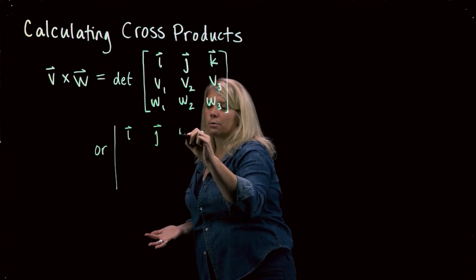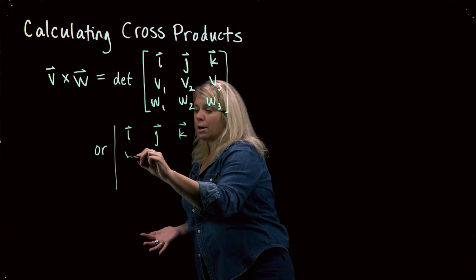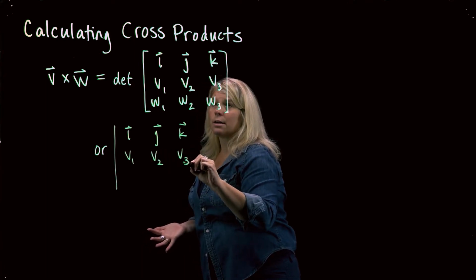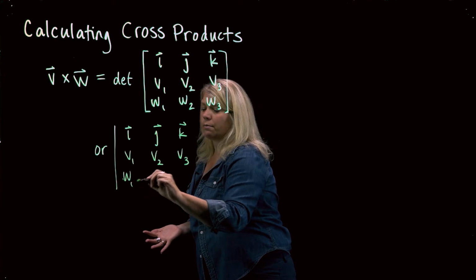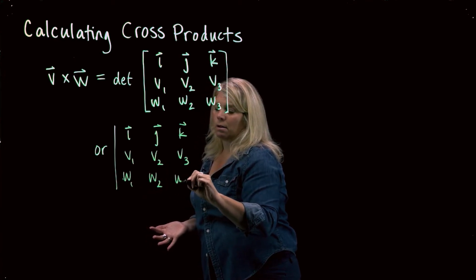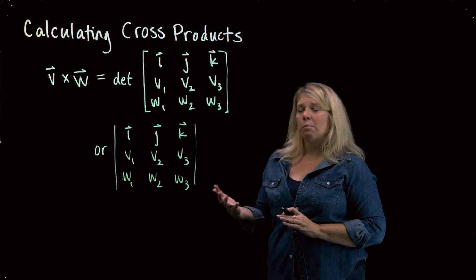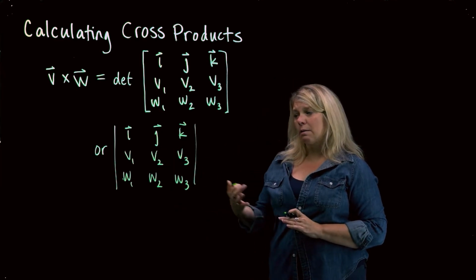It doesn't matter which way you do it. What matters is that you can do this calculation. If you've done determinants of matrices before, then this calculation will be pretty easy. If you haven't, you'll learn it pretty quickly. It's not hard.